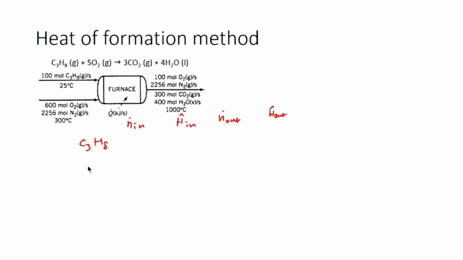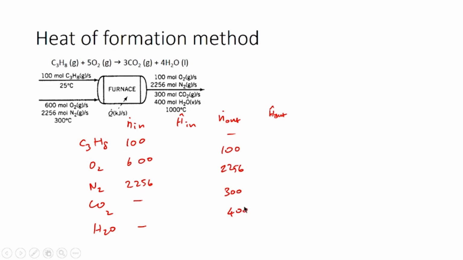So, you have propane, oxygen, nitrogen, carbon dioxide and water. So, in propane you have 100 moles coming in, oxygen 600 moles coming in, and nitrogen 2256 moles coming in, and these are not coming in. You do not have any propane leaving, you have 100, 2256, 300 and 400 moles of each of these components leaving.